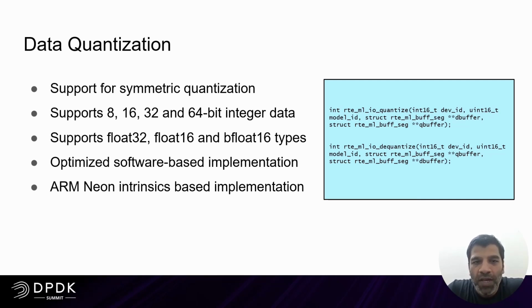The support in DPDK is for 8, 16, and 32-bit integer types, 16, 32, and 64-bit integer types, and 16 and 32-bit floating point types, along with bfloat16. Now, the library also has an optimized software-based implementation of the conversions, along with an optimized NEON intrinsics-based implementation for ARM64 architecture.